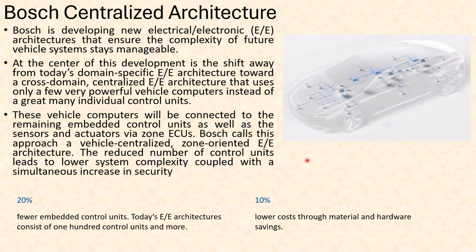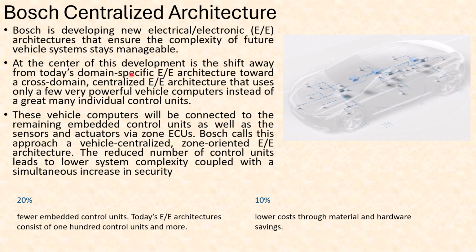Now, let's see one Bosch centralized architecture. What is this centralized architecture? This is even more advanced than zonal architecture, and Bosch is developing this new electrical and electronic architecture that ensures the complexity of future vehicle systems stays manageable. Okay, so as you can understand by now, because of this diversified positioning of the ECUs, there is a huge complexity, and this complexity must be drastically reduced.